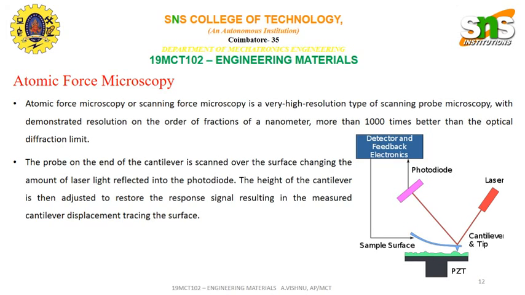Here the probe on the end of the cantilever is scanned over the surface, changing the amount of laser light reflected in the photodiode. The height of the cantilever is then adjusted to restore the response signal, resulting in the measured cantilever displacement tracing the surface.